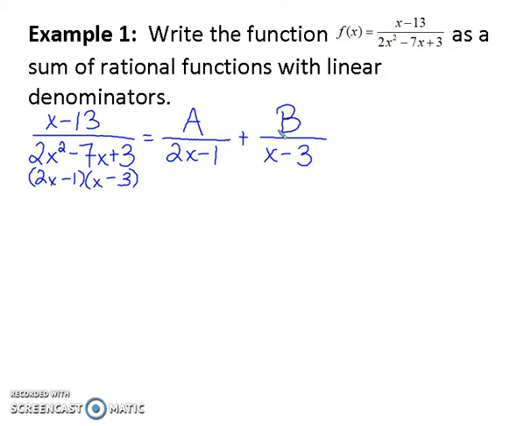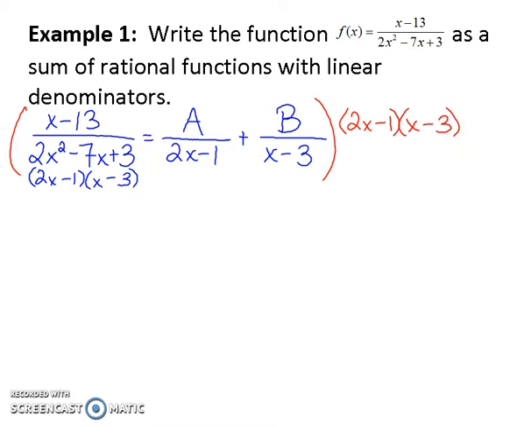Here's the process that I would go through to do that. The first thing I'm going to do is focus only on the numerators. I know what the denominators are right now. To get rid of the denominators, I would multiply the entire equation by the common factors of the denominators, 2x minus 1 and x minus 3.